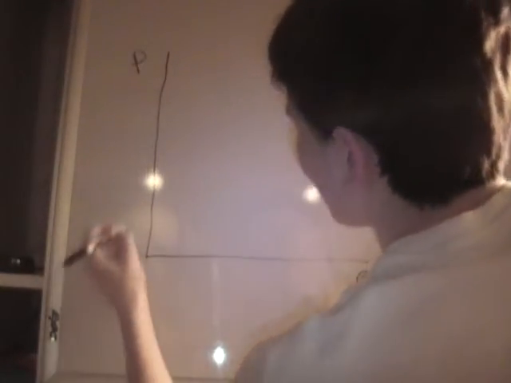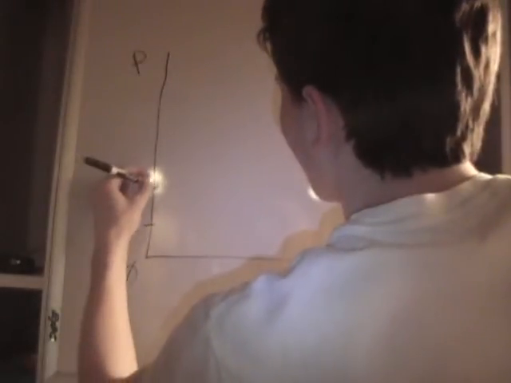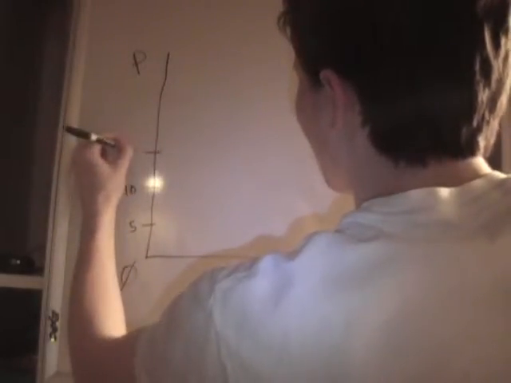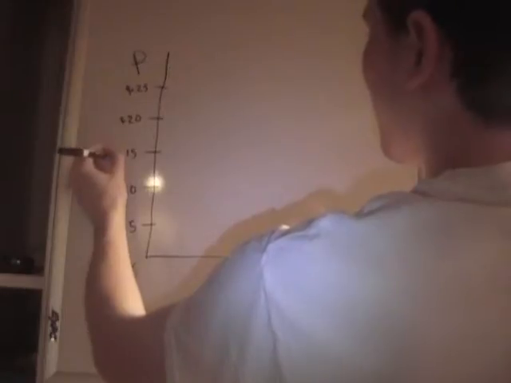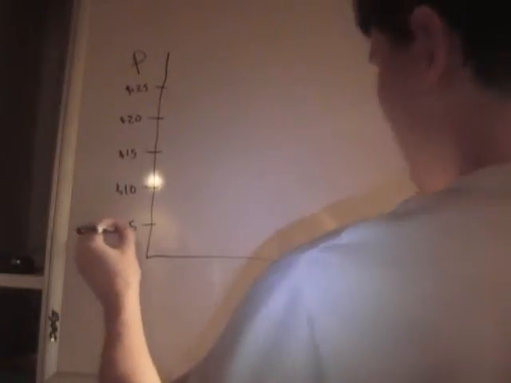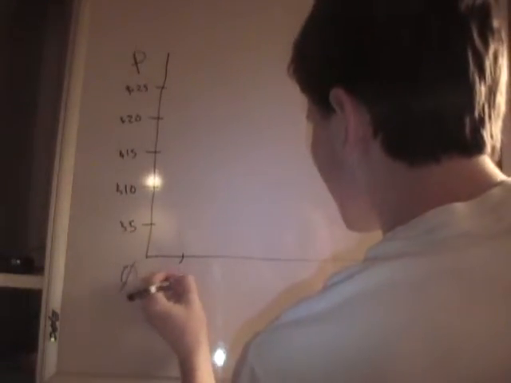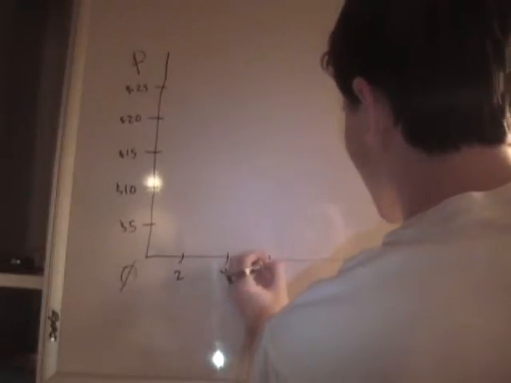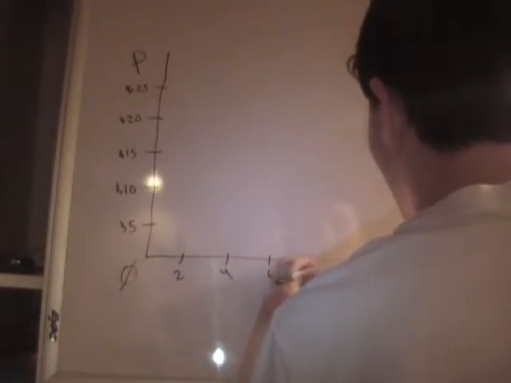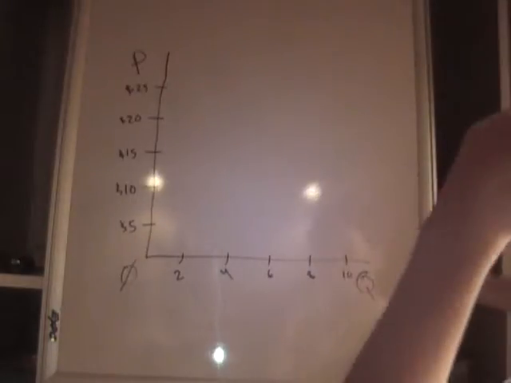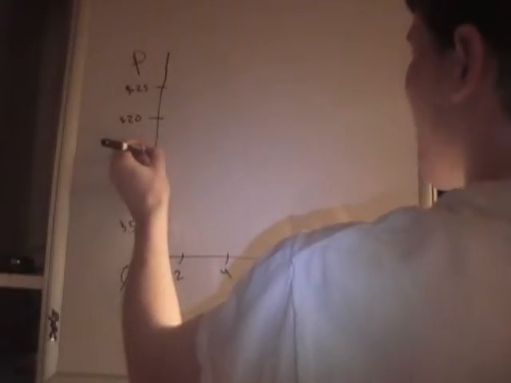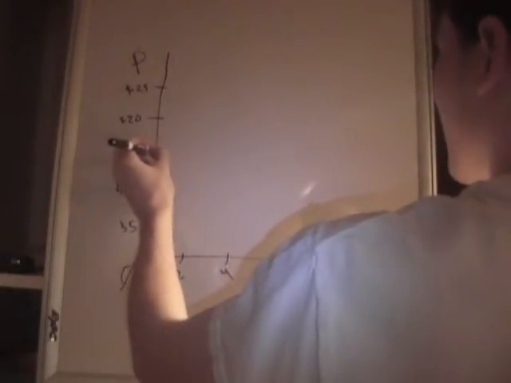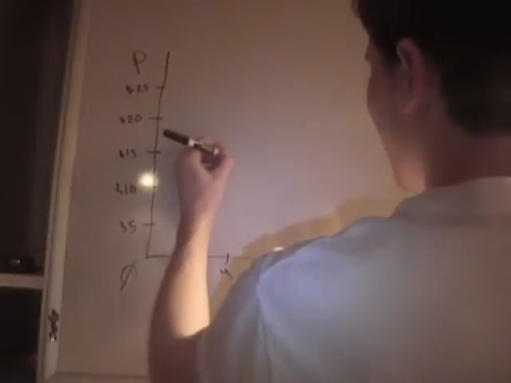We're going to use this example again, but we're going to use a little bit more rounded numbers. Let's say that for the initial one, paperback books are going to cost $15 and they're going to make 4.